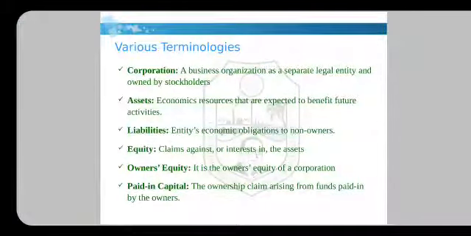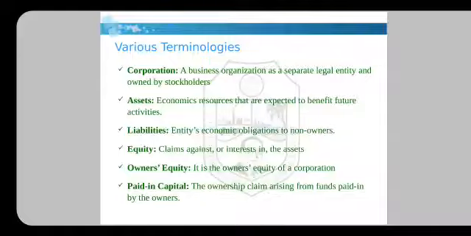Now we will talk about various terminologies. First is corporation. A corporation is a business organization which is considered a separate legal entity and which is owned by stockholders. Assets. An asset is an economic resource that is expected to benefit future activities. Liabilities.